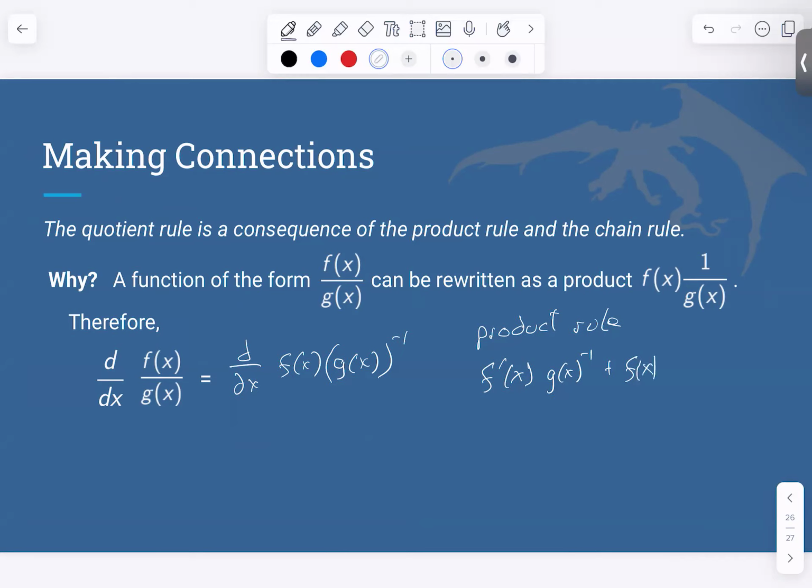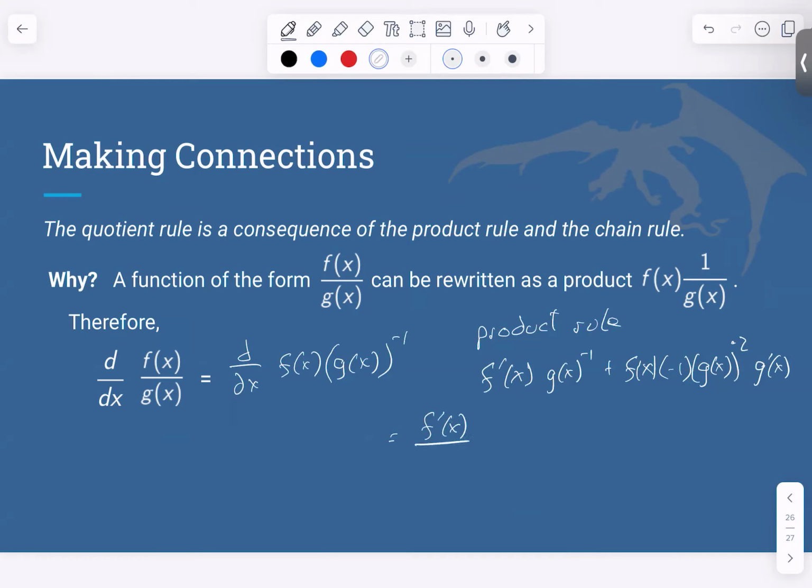And then I'm going to multiply it times the derivative of this. So I take out the negative 1 because that's my exponent of g of x. And now I need to subtract 1. So now it should be at negative 2. And then take a derivative of g of x. So g prime of x. So that equals, so I'm just going to rewrite some stuff, f prime of x.